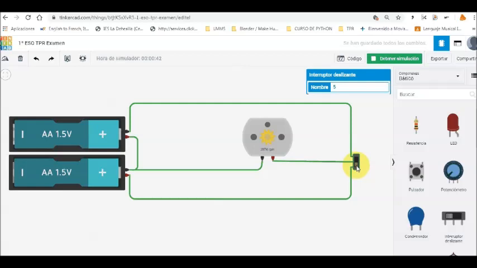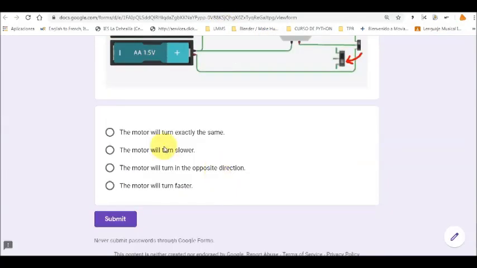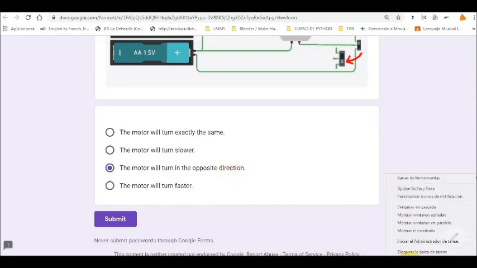As you can see, at any time we switch the circuit, the direction of the motor will change. It will turn in the opposite direction. Okay, so it won't turn exactly the same. It won't turn slower, or it won't turn faster. The right answer is this one. The motor will turn in the opposite direction. Right? Okay.